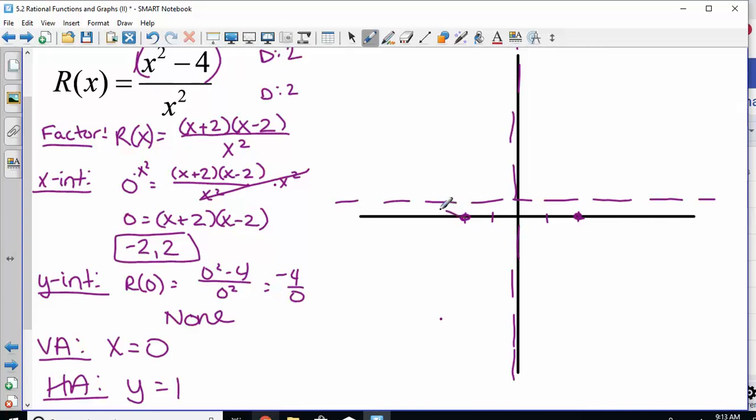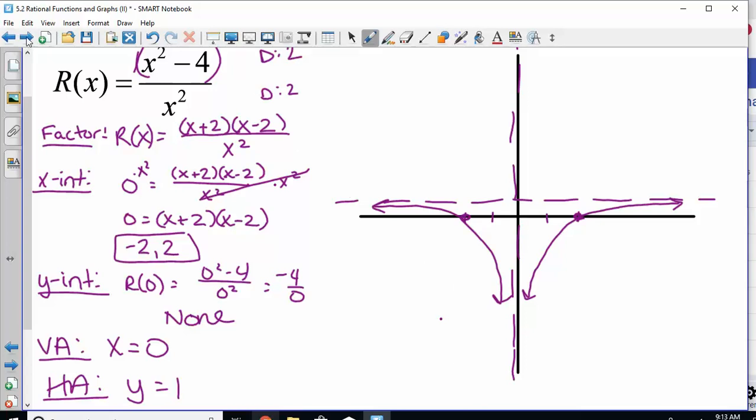Make sure when you draw it, you go through your x-intercepts and get closer to your asymptotes. They are curves, not straight lines. So it looks something like that. Is that okay?